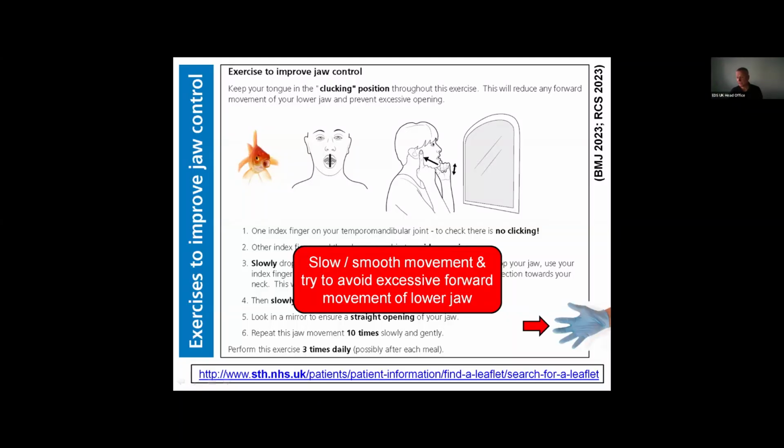So I'm going to try and demonstrate this also. You could always try this at home. I'm initially going to place my tongue on the roof of my mouth to help facilitate a bit more control. So it looks like that cluck position, which is tongue stays on the roof of the mouth throughout the exercise very gently, and then I'm opening and closing my mouth very slowly like this.